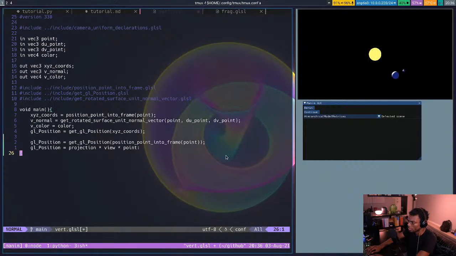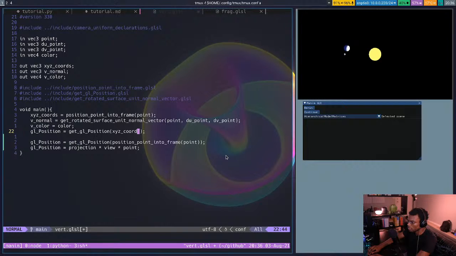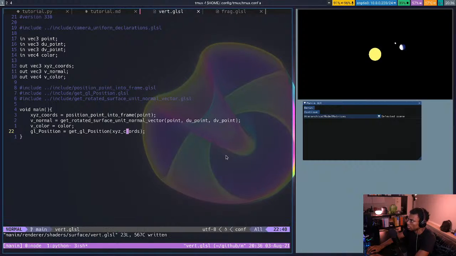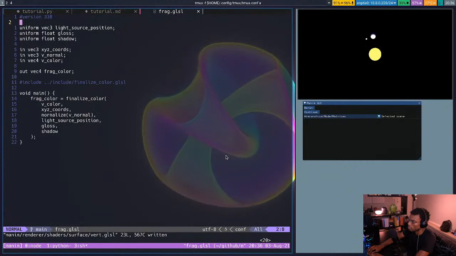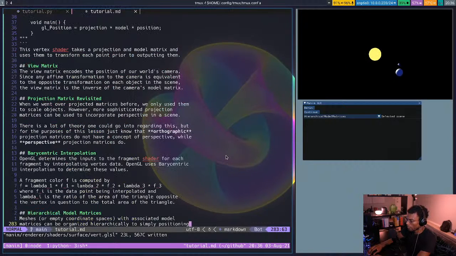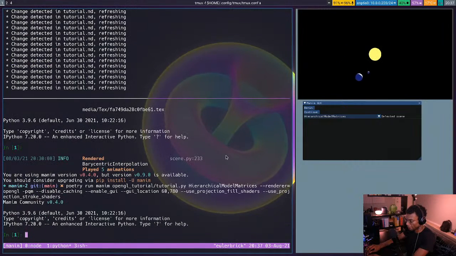Only that would be a semicolon. But alas, that's not what it does. Maybe it'd be possible to translate it, but at that point you might as well rewrite it. Okay. Organize hierarchically to simplify positioning. Yeah, perfect.